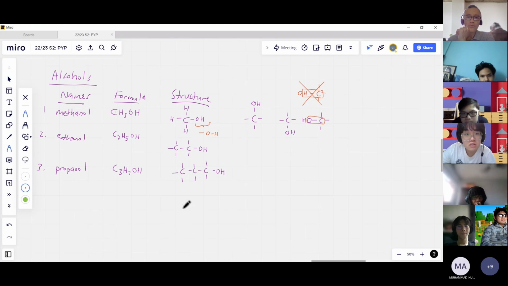Now, likewise, there are students who drew like this. And of course, there are students who drew like this too. You may realize both are wrong.